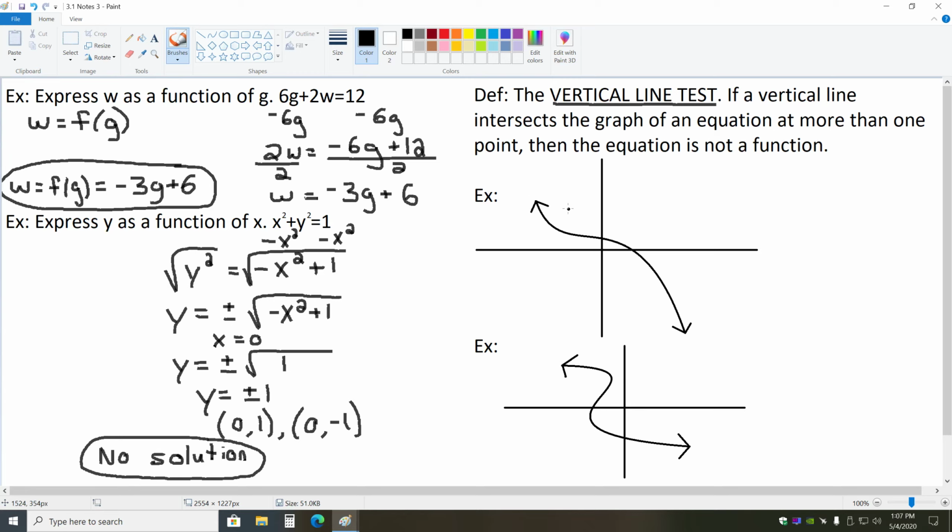Okay, so looking at it, no matter what vertical line we draw through this graph, it will only ever hit the graph at 1 point. So since they only ever intersect at 1 point, that means this is a function.